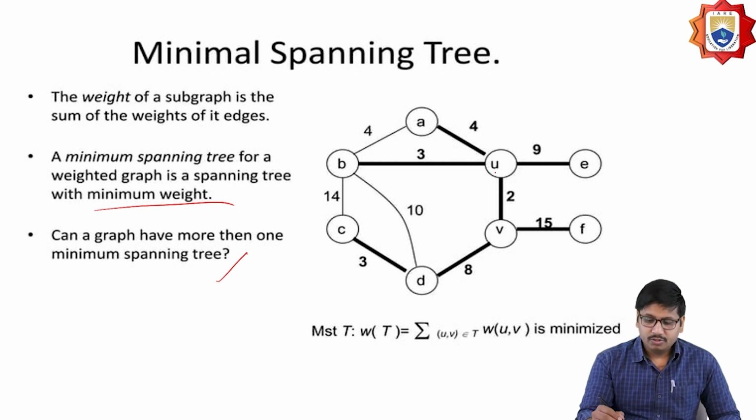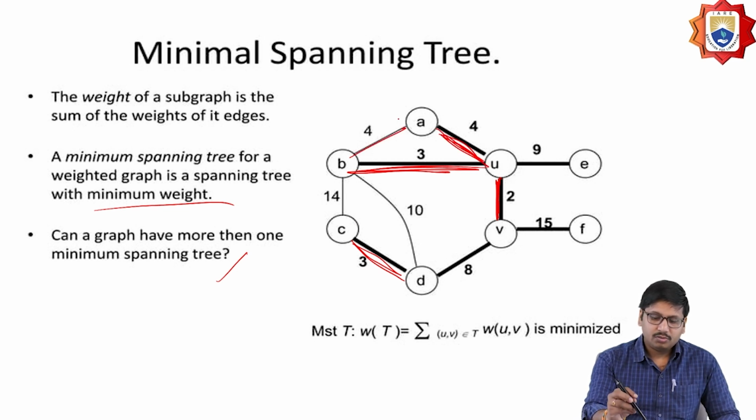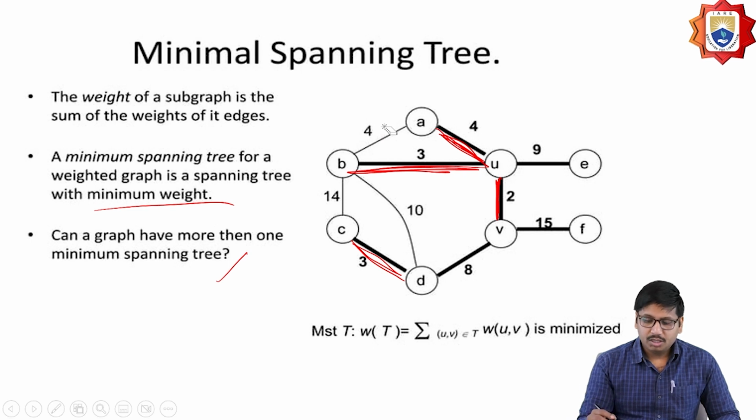Among them, the first minimum weight I consider is 2, and the next minimum weight I consider is 3, and the next minimum weight is 3 again, and then the next minimum weight is 4. If I consider this, it closes a cycle, so I am not going to consider it. The next minimum weight is 8, the next minimum weight is 9, and the next minimum weight is 14.